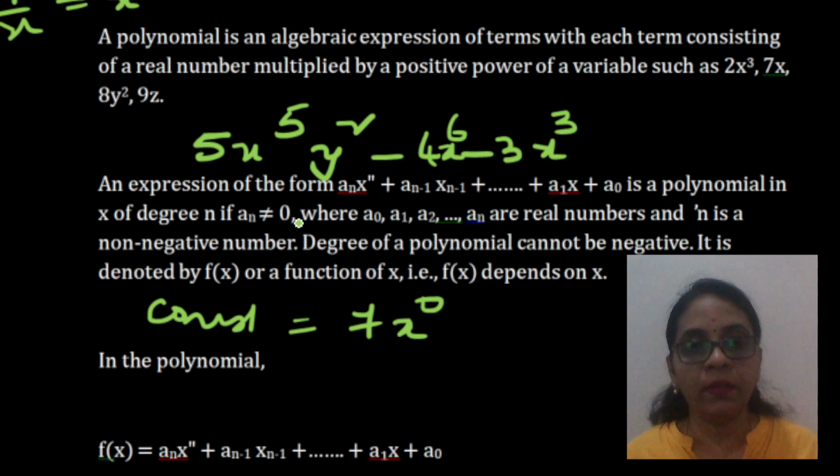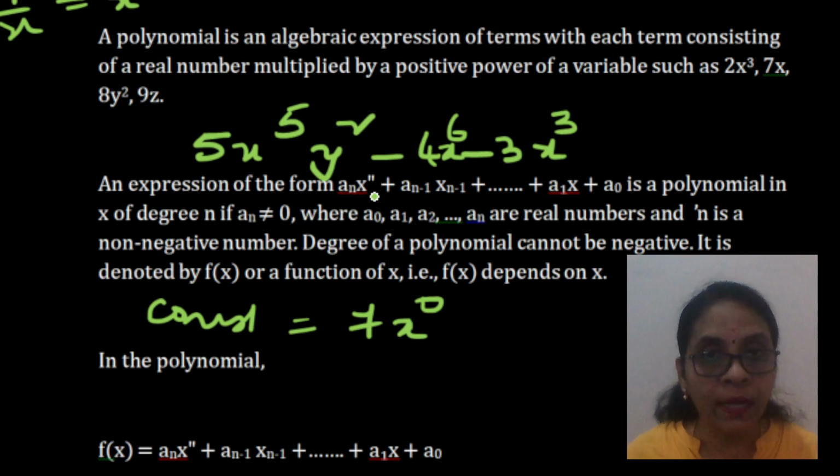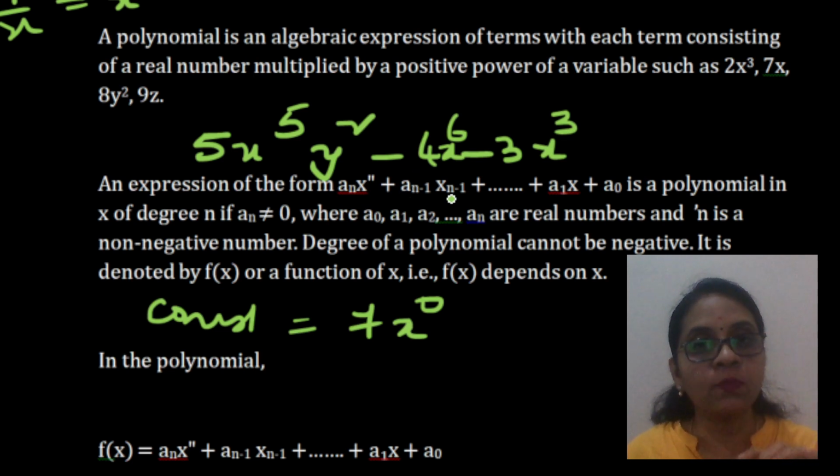Is that clear? So, an expression of the form a_n x^n + a_(n-1) x^(n-1) + ... + a_1 x + a_0 is a polynomial in x of degree n, where a_n is not equal to 0, where a_0, a_1, a_2, a_3, ..., a_n are all real numbers and n is a non-negative number.